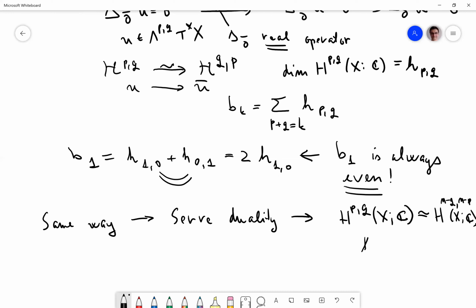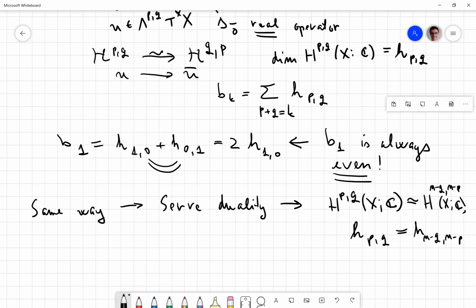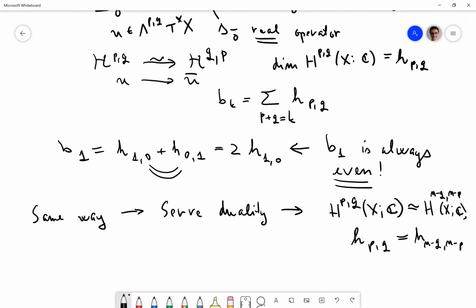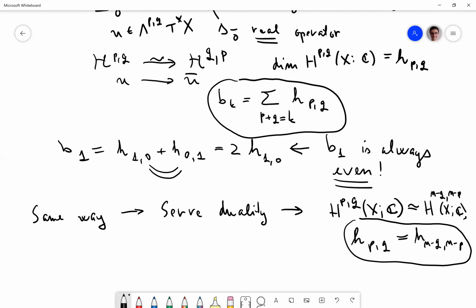So in particular, the Hodge numbers h^PQ and the Hodge numbers h^(n-Q, n-P) are the same. So this also gives you some information about Betti numbers that you would not normally get in the case of smooth compact Riemannian manifolds. Yeah, I think this is a good place to stop. Hopefully this was good motivation to look up Hodge theory in the case of Kahler manifolds. All right.